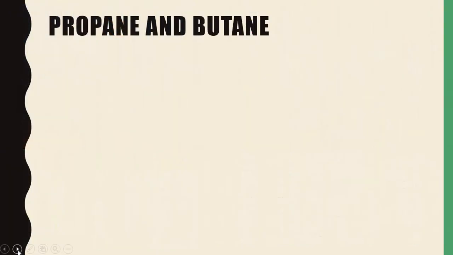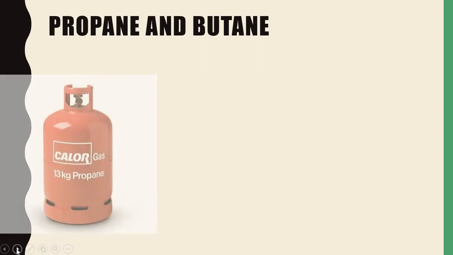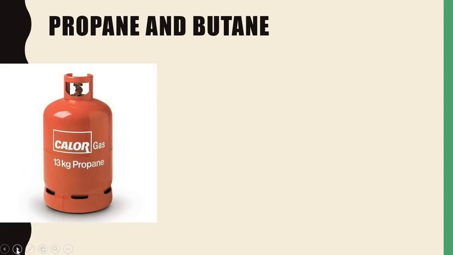The next one is propane and butane. Propane and butane can be liquefied at fairly low pressures and are used, for example, as the LPG gas, yung madalas natin tinatawag, yung LPG.